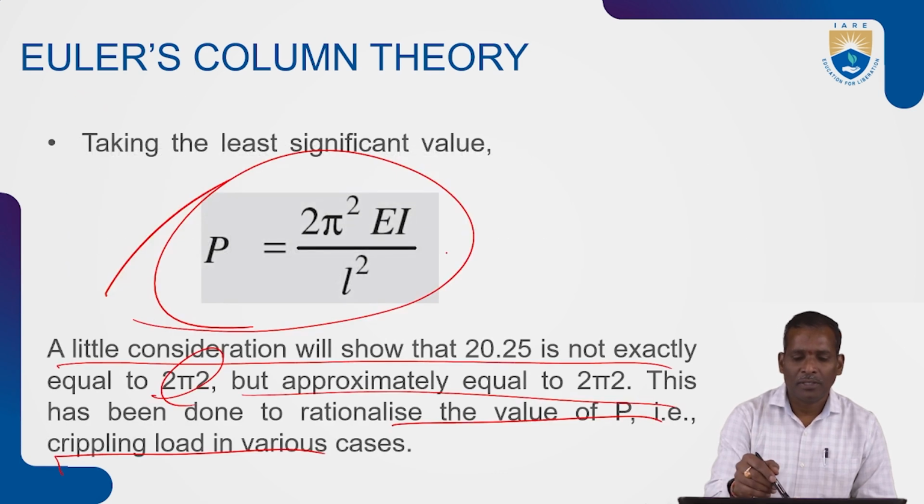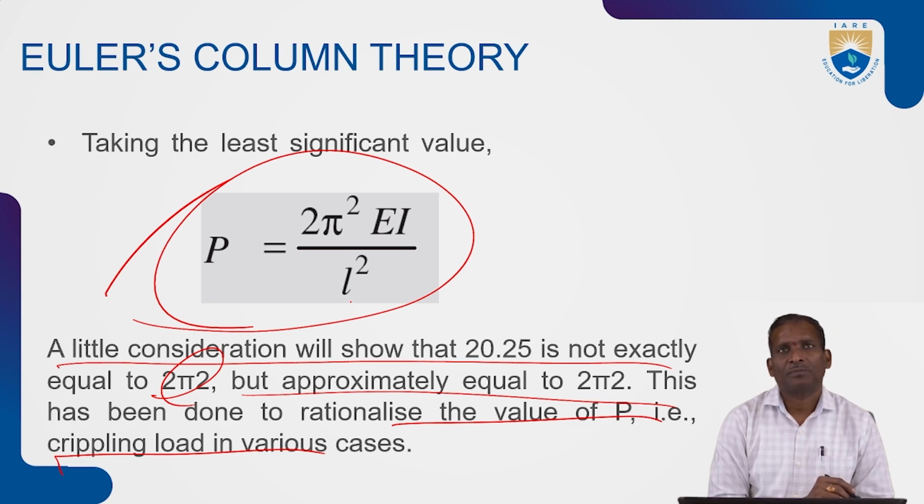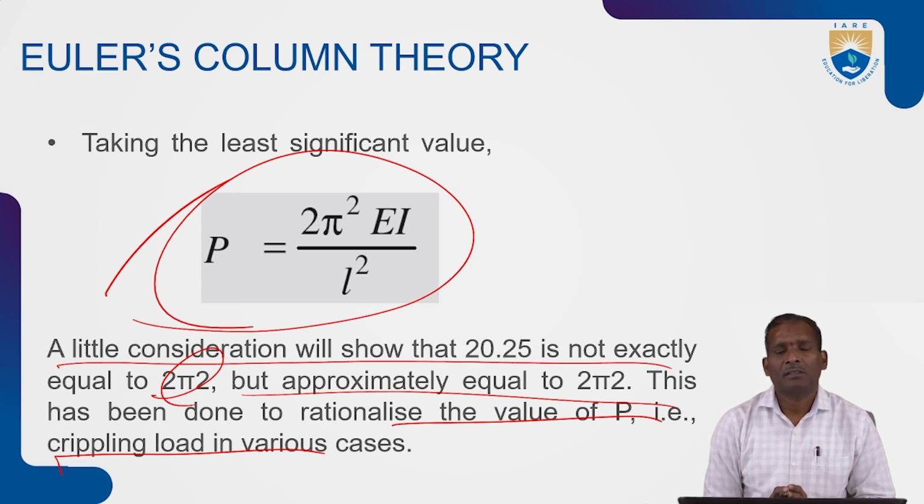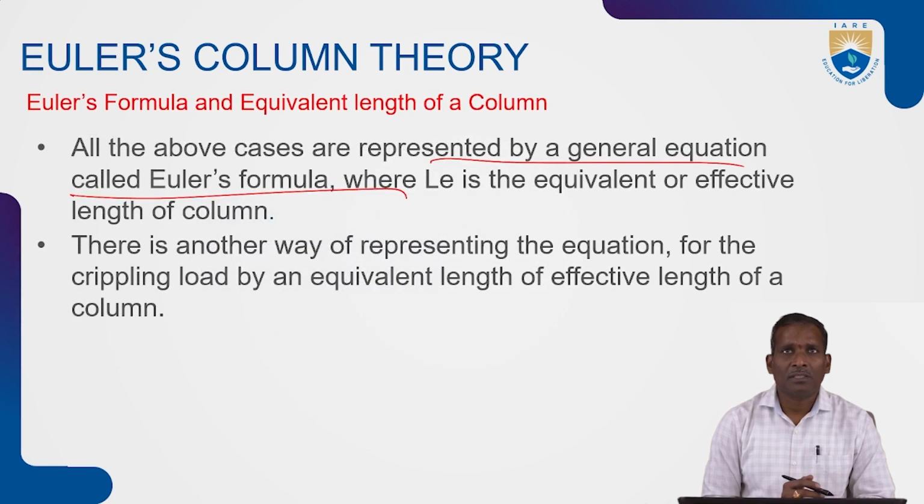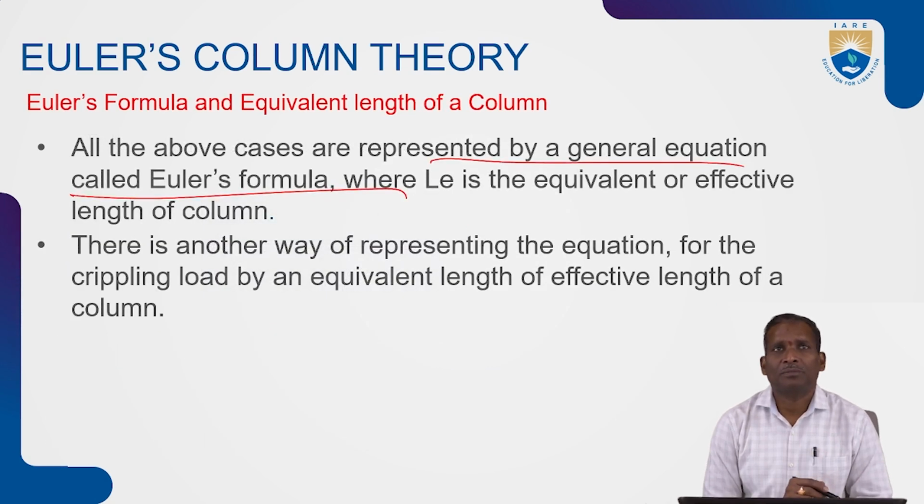So already we have derived the equivalent load P in all four cases: when both ends are hinged, when both ends are fixed, when one end is fixed and the other end is free, and when one end is fixed and the other end is hinged. The four conditions we have already discussed and derived the equations. So now we will see the equivalent length of the column.